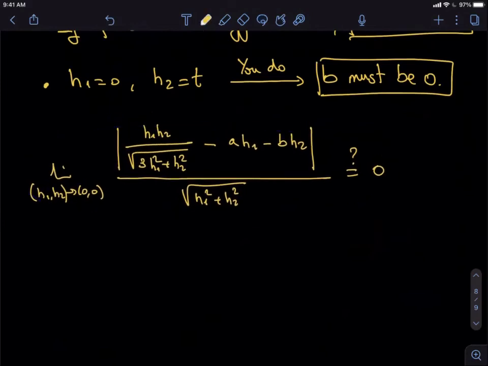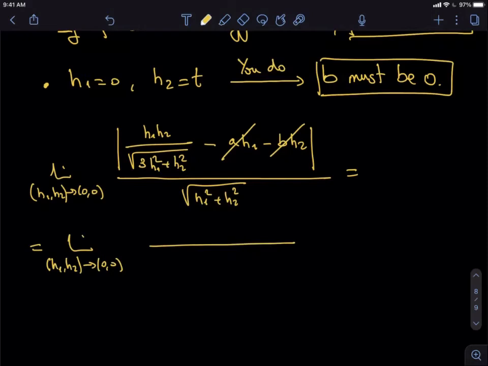Now this one and this one go, and we can work to the end game. (h1, h2) to (0, 0). So this is how to write it. Let's put everything on the same fraction. So this is 3h1 squared plus h2 squared over the square root of h1 squared plus h2 squared.